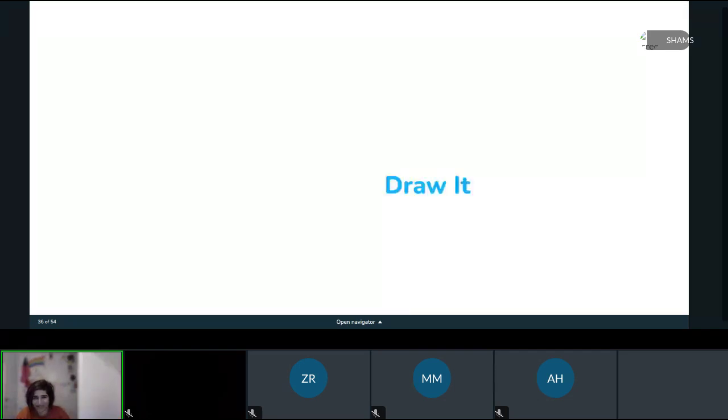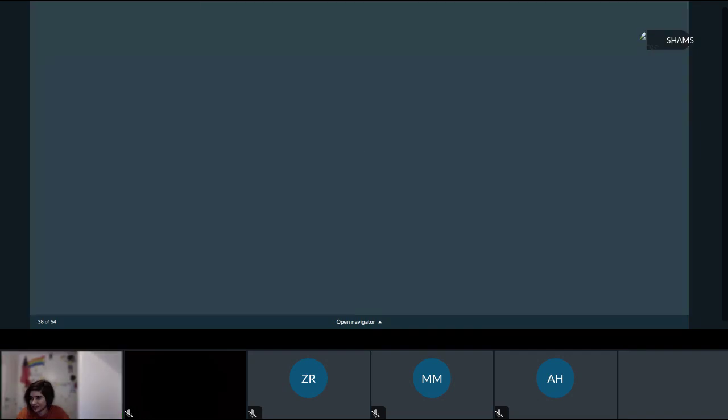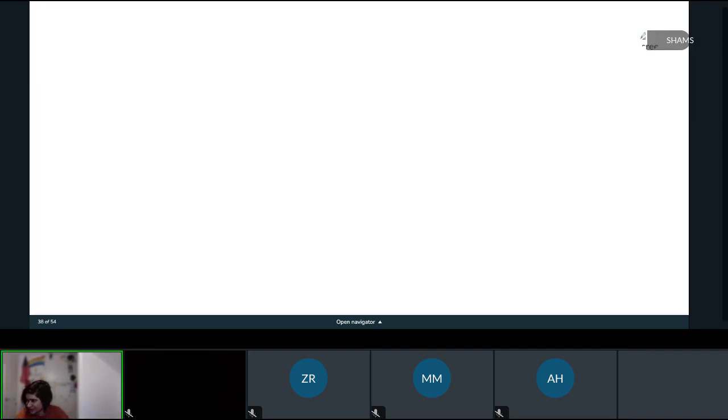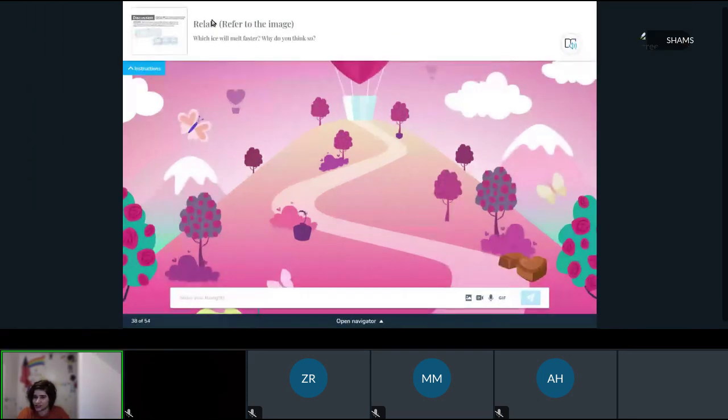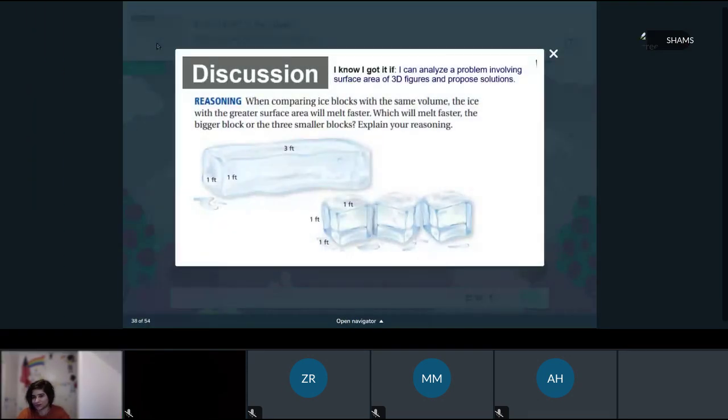Let's move on to a little discussion post question over surface area. Look at the image. When comparing ice blocks with the same volume, these two have the same volume. The ice with greater surface area will melt faster.